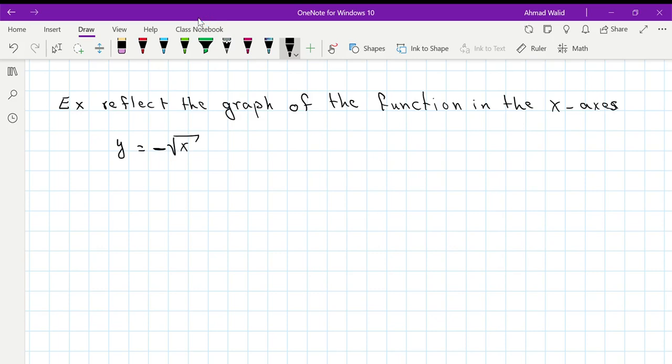To do this, again, use your parent function, which is y equals square root of x. First, graph y equals square root of x. You need a table. You already know the shape. You know the domain, correct? The domain is from 0 to infinity.